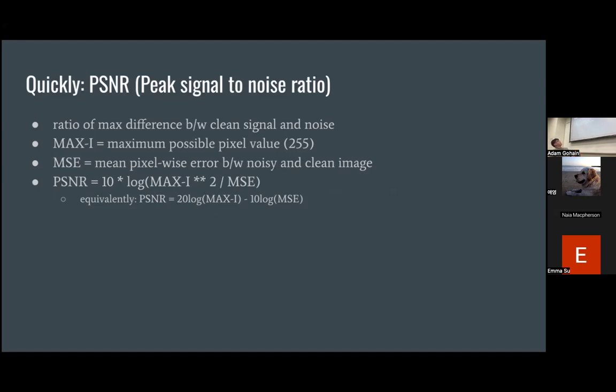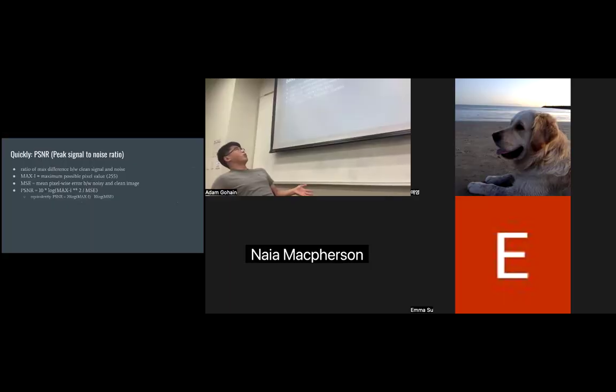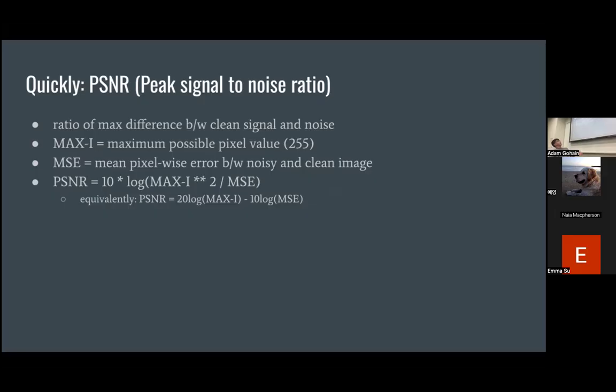So 20 log max intensity is going to be a constant for every single grayscale image that we really deal with, because max I is always just going to be set to 255. So this number can really just go up to infinity, but what we're basically trying to do is minimize this last term, mean squared error. This is the way of measuring how well we're doing that.